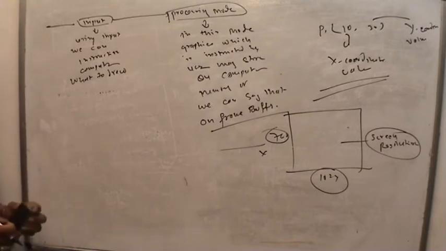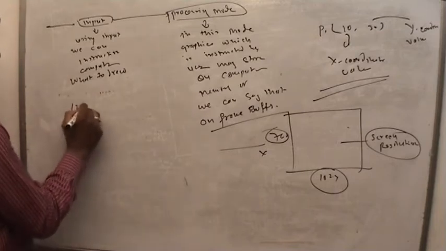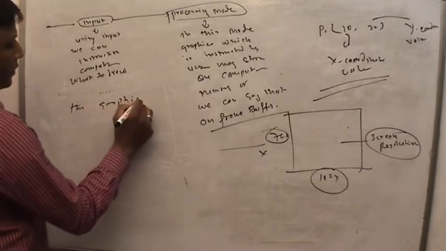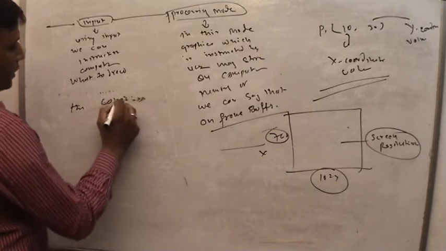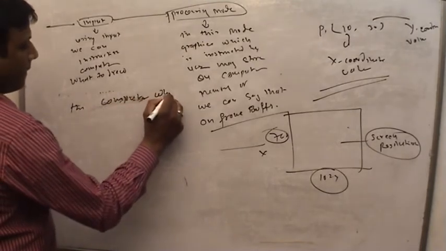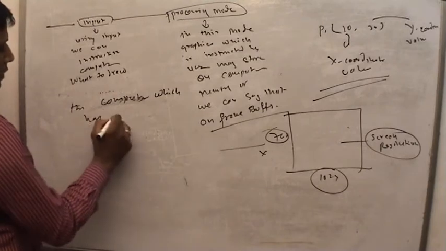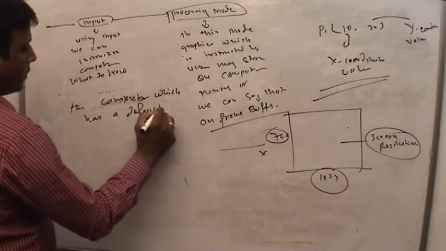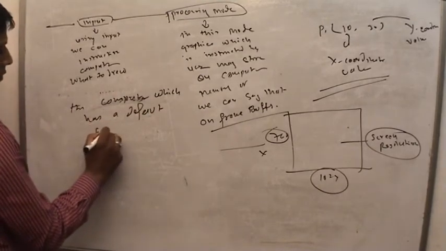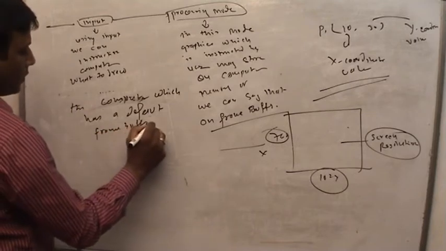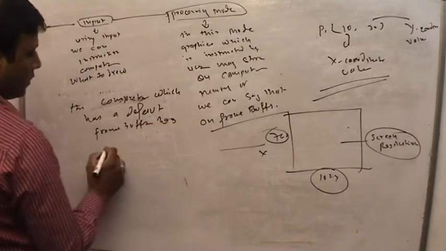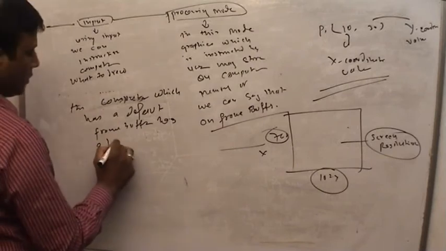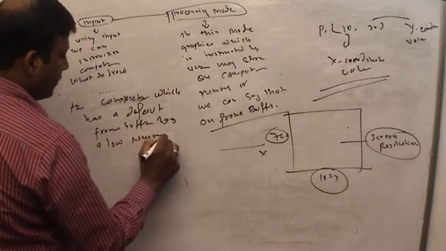So by default, the computer's default frame buffer has a low memory.